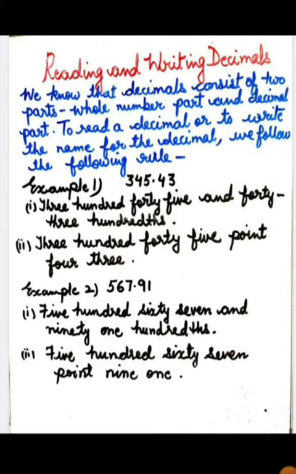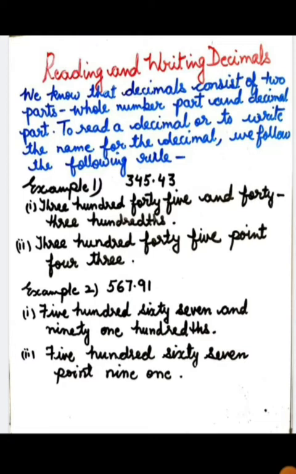345.43. In order to write the name for this number, the first method is we will write the left side numbers according to their place value chart, and it will be 345, and in place of the dot we will put 'and', and the places after the decimal we will write according to their place value chart.